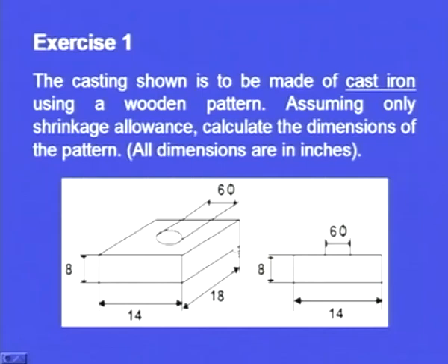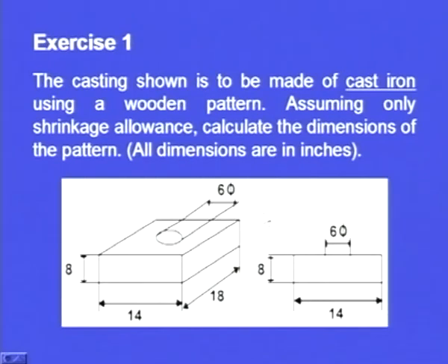Then if this is the geometry of the casting, what should be the dimensions of the pattern? Let us examine the geometry of the casting. Here we can see one side 14 inches, all dimensions are in inches, another side 18 inches, and the height is 8 inches. There is a hole and its diameter is 6 inches.